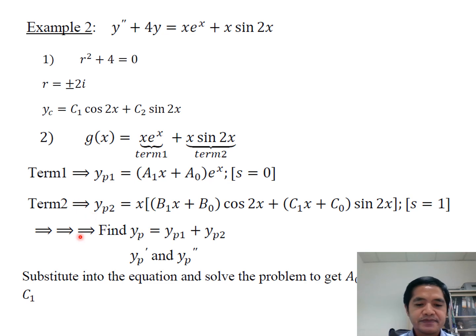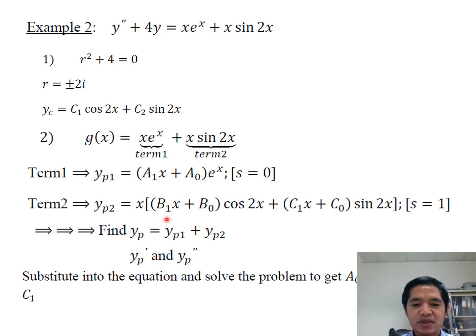For the second term, x sine 2x, and this is the polynomial x here. So let's start with b1 x plus b0 cos 2x, times x to the s. If s equal to 0, this term goes to 1.